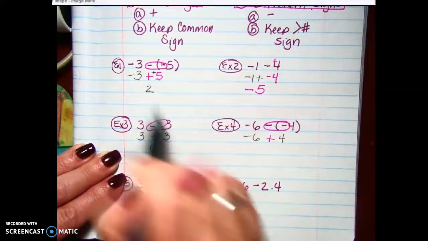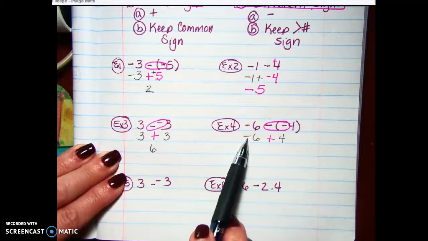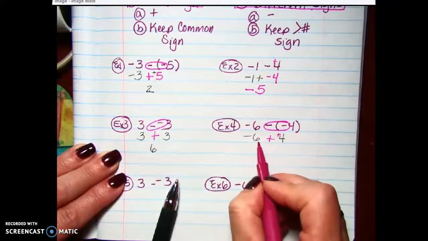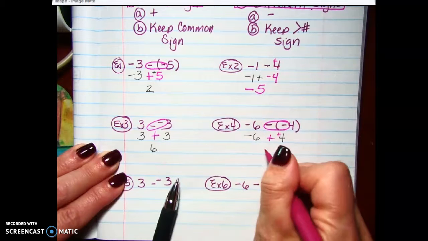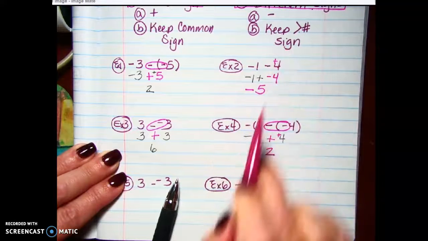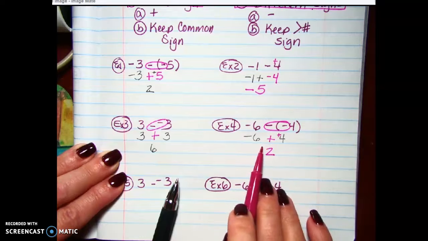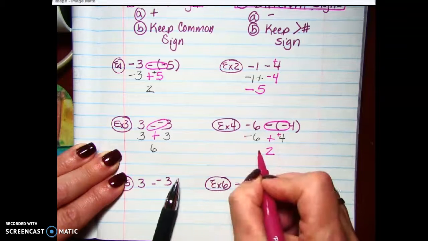Now I'm on to step 2. Same sign, different signs. Negative, positive. So I subtract 6 and 4 and get 2. Which number is larger? So which sign do I keep? The number 6 is larger, so I keep the negative.